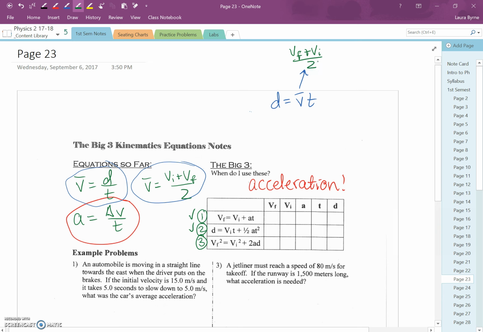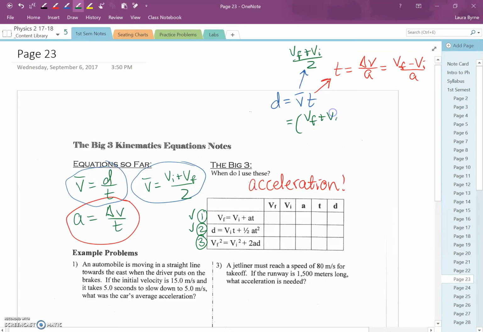And if we look back at the acceleration equation, if there's a Vi and a Vf, that means there is some change in velocity. So we're going to look at both of these acceleration equations. So if I want to solve a equals delta V over t for time, I end up with time equals delta V over a, which is Vf minus Vi over a.